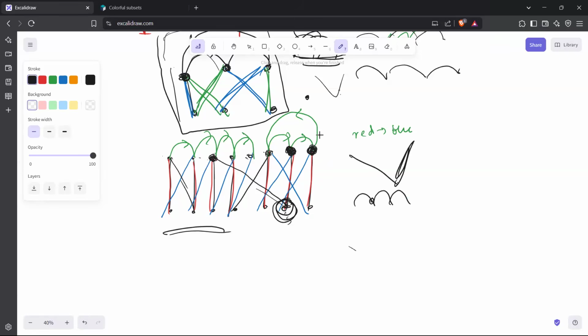So these vertices will have one black thing in this cyclish thing and the white thing in the path, without loss of generality. It can be vice versa as well, white and black.